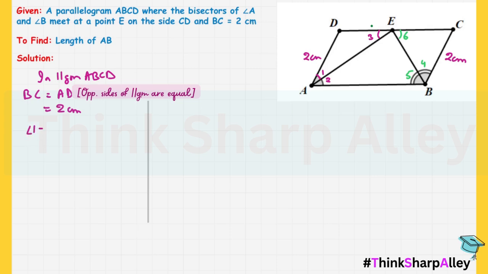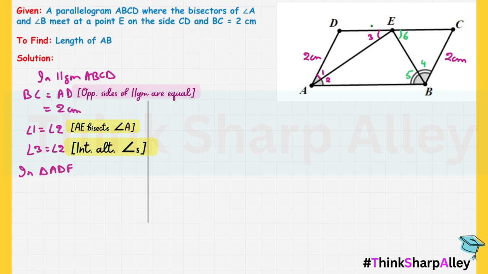Now angle 1 is equal to angle 2 because AE bisects angle A and angle 3 is also equal to angle 2 because they are interior alternate angles. So if I look into the triangle ADE, we have angle 1 and angle 3 to be equal. Both of them equal to angle 2.